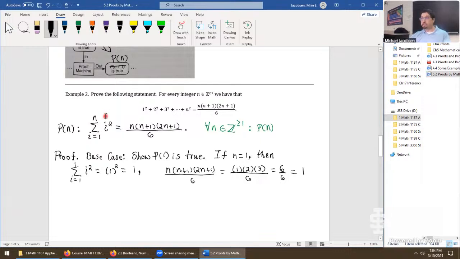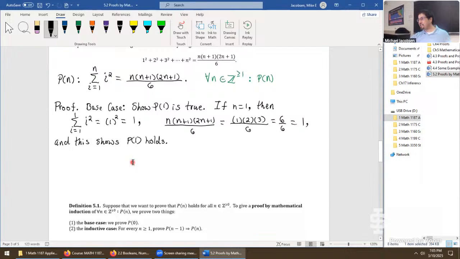That balances the equation, so we just showed P of 1 is true. The left-hand side is 1, the right-hand side is 1. We just need to say that. And this shows P of 1 holds. Well, we're done, folks. That's the entire base case.